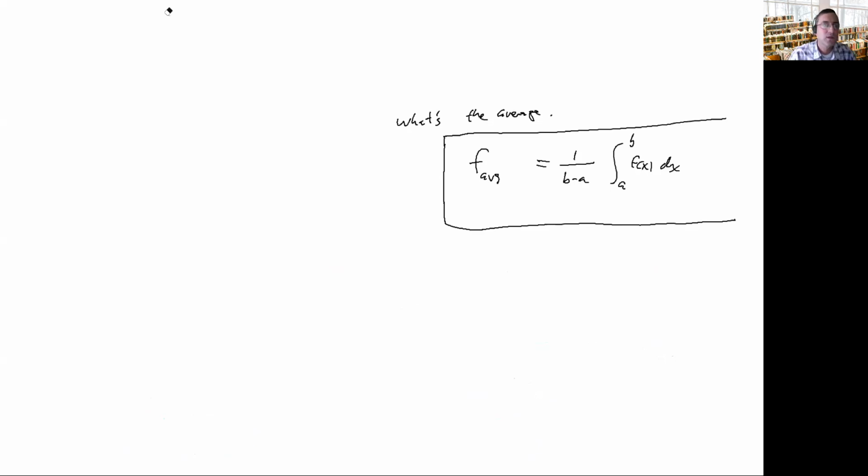Okay, so here's an example. Let's take f of x equals x squared, on the interval 1, 2. What's the average value of f of x equals x squared on the interval from 1 to 2?